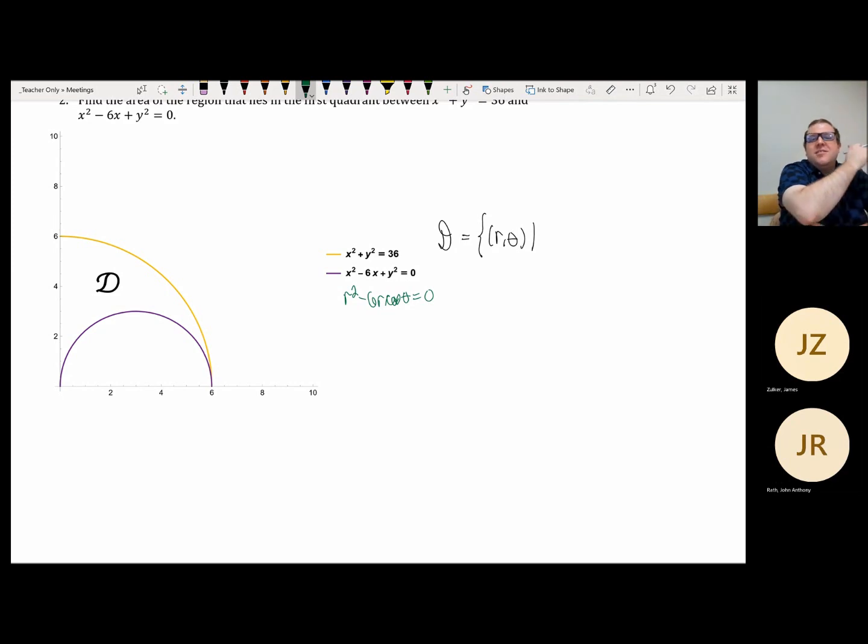Which it is. Right, the smallest value r can possibly take on in that region is 6 cosine of theta. Which does give you 0 as an option.